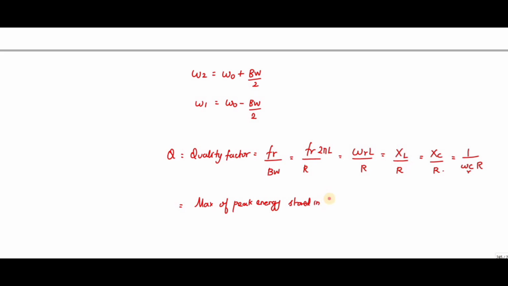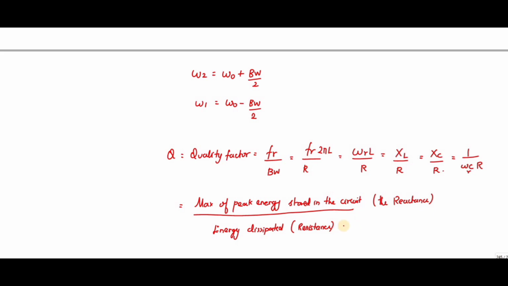If I want to store, I need the reactive elements, that is X, divided by the energy dissipated. Energy dissipated is due to the resistance, right? During each cycle of oscillation.